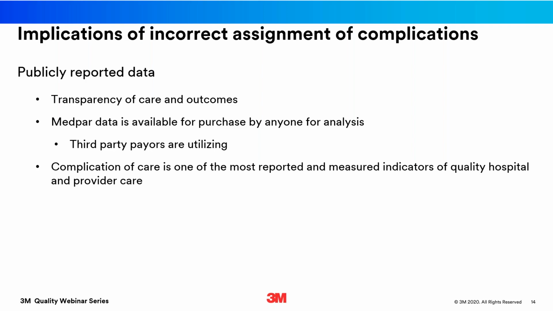And as a gentle reminder, or maybe a duh moment for most of us, complication of care is one of our most reported indicators of quality. Whether or not it's the best measure, we can have lots of debate and discussion about. Whether or not all this reporting has really reduced medical errors, yes or no, is certainly open for debate, but we do know that it is very reported.